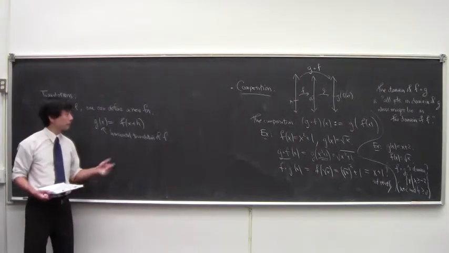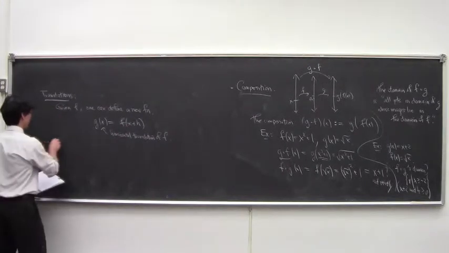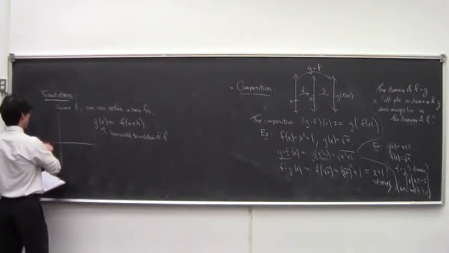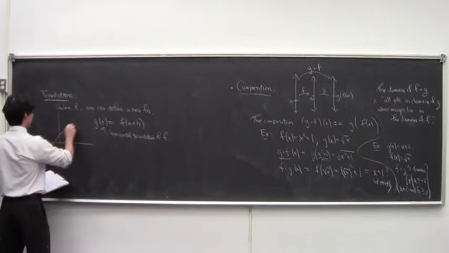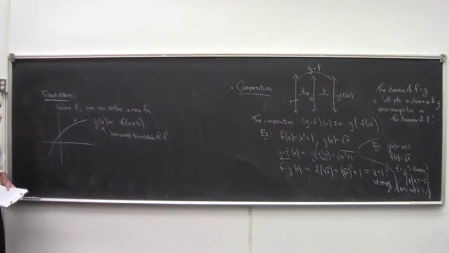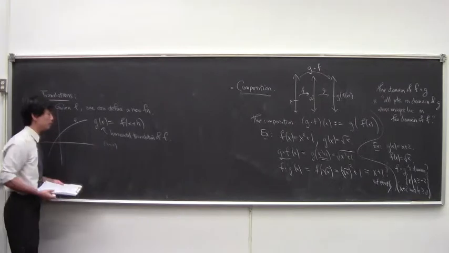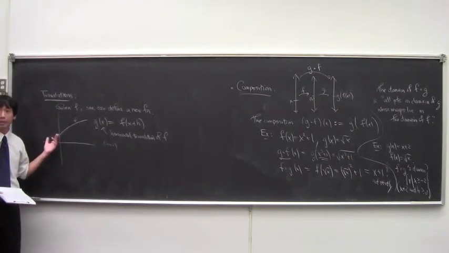So, what does this look like graphically? Can somebody tell me what this corresponds to graphically? Suppose f looks like this, and let's say that h is a positive number. It doesn't have to be, but suppose for this example that h is positive.